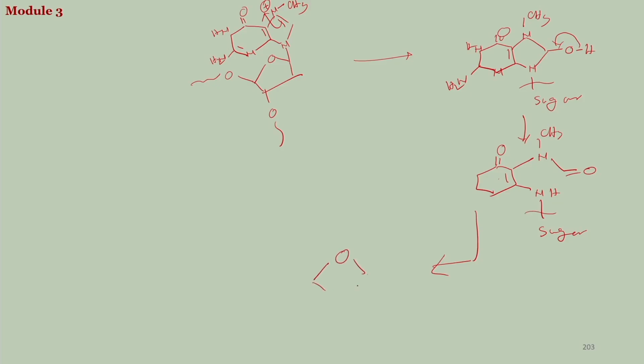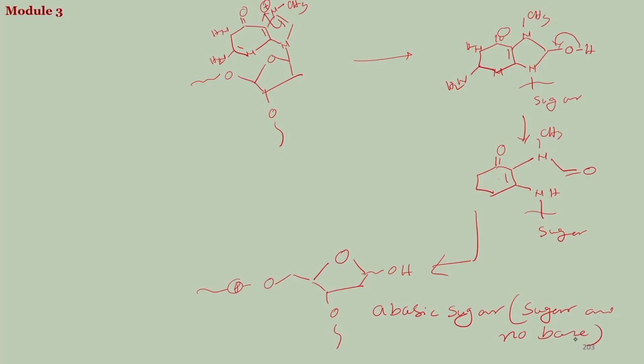So, basically what you get is this temporarily, your phosphate and the DNA. So, you get the sugar without the nucleobase, and this is called an abasic sugar. Abasic means sugar and no base. Sugar without the base is called the abasic site.